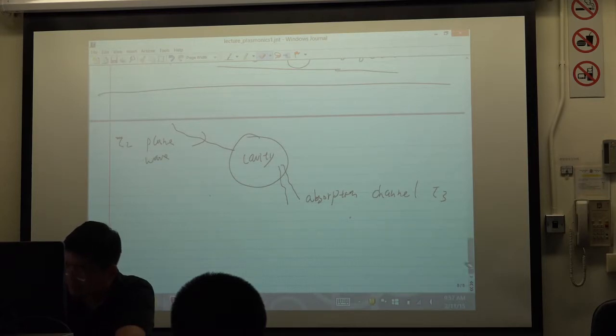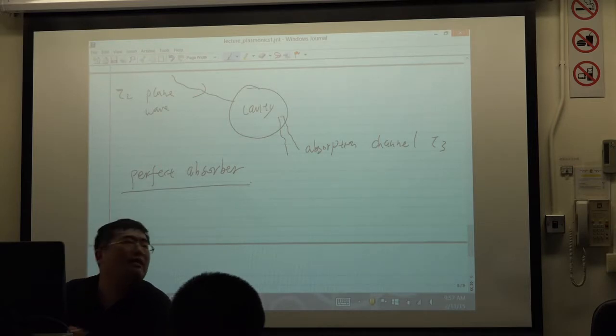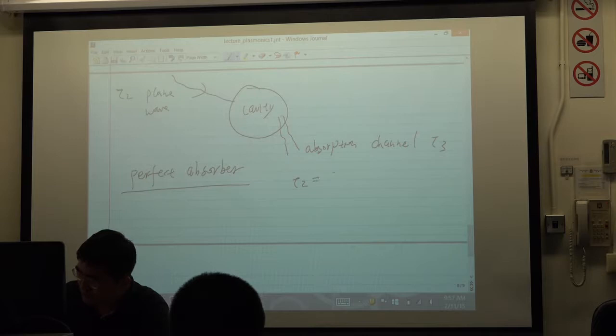This has a very important application called the 100% perfect absorber. How to achieve a perfect absorber? A perfect absorber means 100% absorption. The condition is very simple: just tau 2 equal to tau 3. They can achieve that.